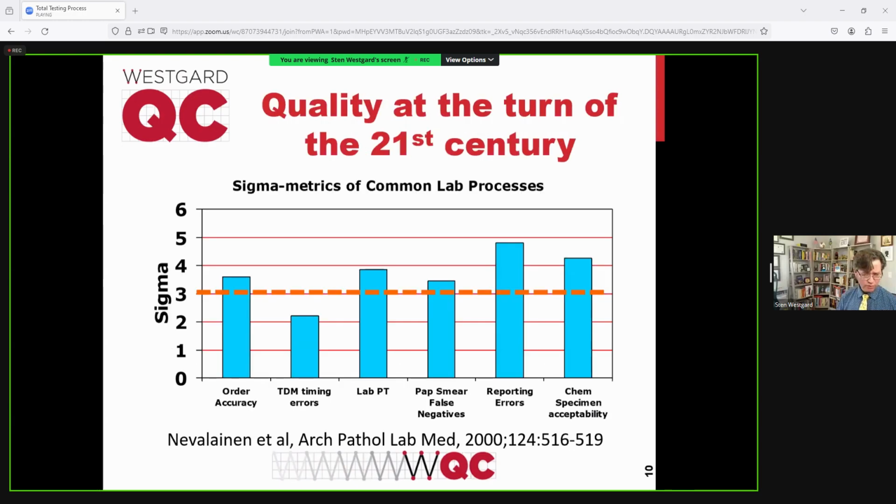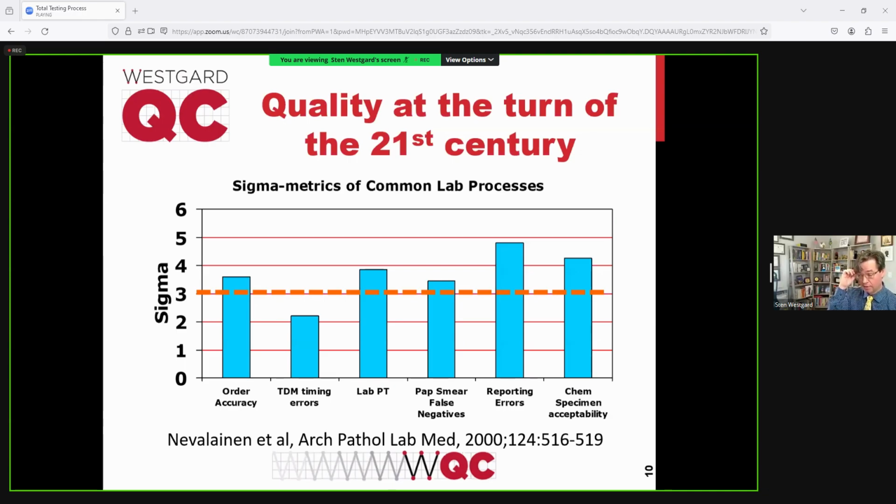We've only really been looking at total testing processes on the Six Sigma scale since the year 2000. Six Sigma is a quality management approach that was introduced in the 1990s. It took a decade before it really penetrated into the laboratory, and I would say it was introduced in the year 2000.